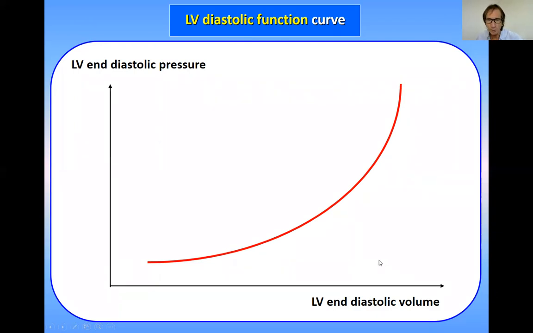If you increase end-diastolic volume by giving fluid, for example, and the ventricle is of small or normal size, you shouldn't have a big increase in the pressure at the end of diastole. But if you increase the end-diastolic volume by giving fluid while the ventricle is already dilated, this increase in volume will increase the pressure inside a lot.